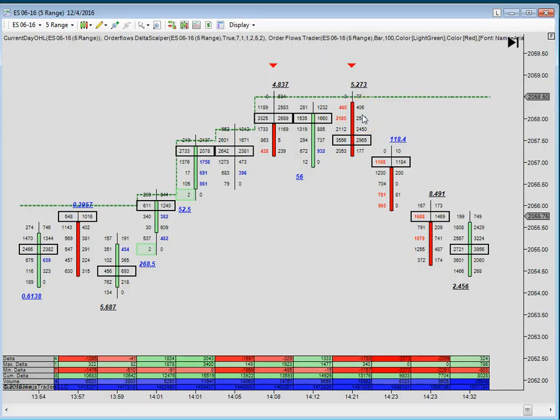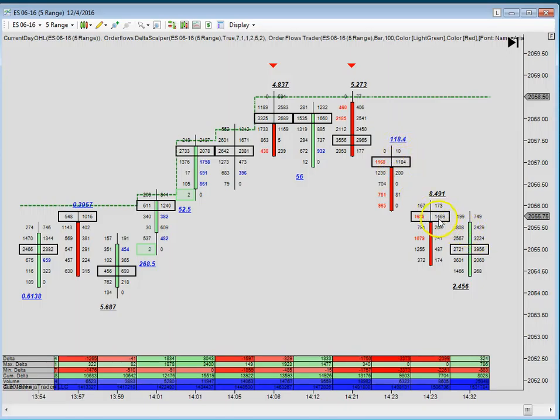That's a saying that I use a lot, and there just may not have been enough in there to give you the volume you need for a ratio. The ratio came afterwards, so even if you don't have a ratio here, if on the next bar you do have a ratio, to me that's also a valid signal.